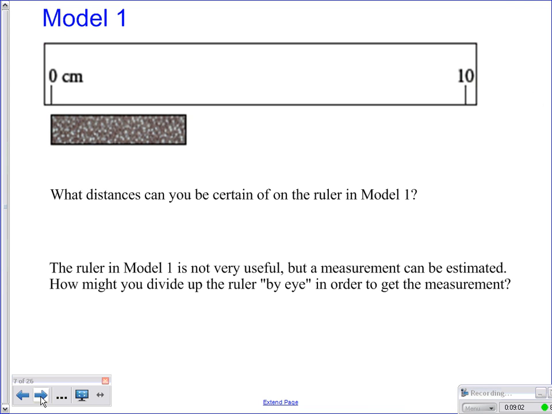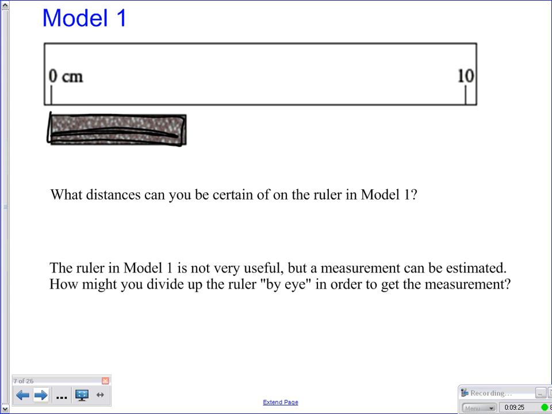Okay, so let's look at an example. You don't have this on your notes, but you can just follow along. Here I have this piece of metal, and I want to figure out, based on this ruler that I have, which is a pretty bad ruler, what distances can you be certain of on the ruler in Model 1? In other words, what is the distance of this piece of metal?